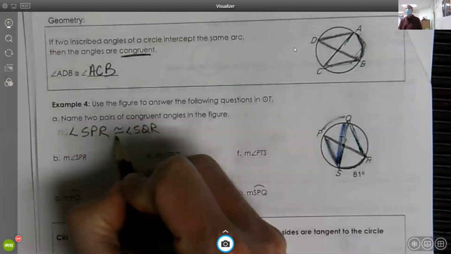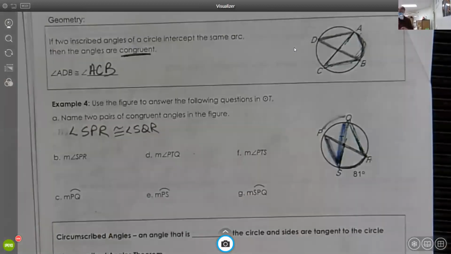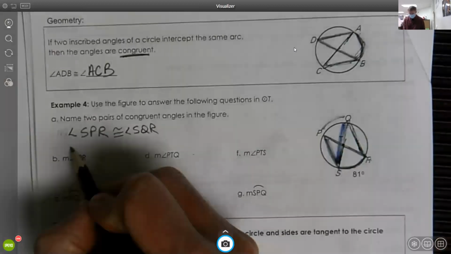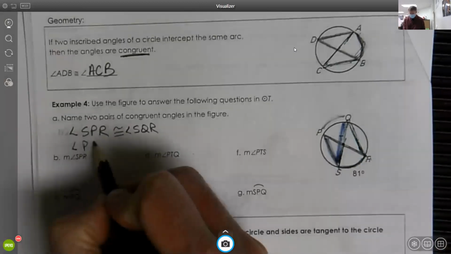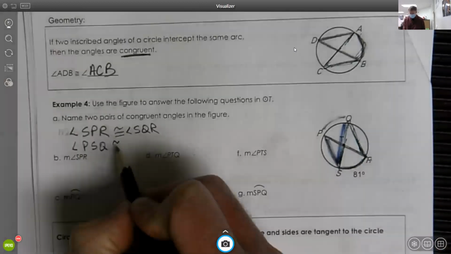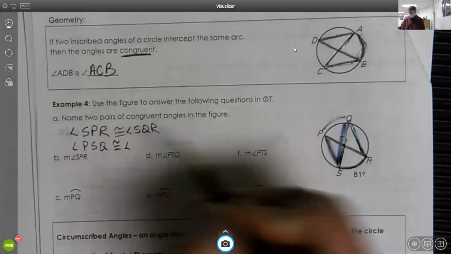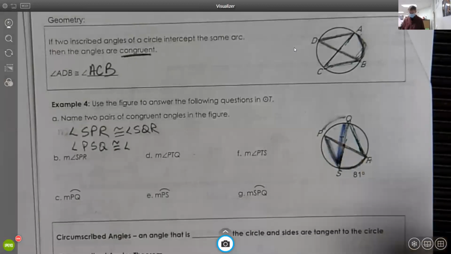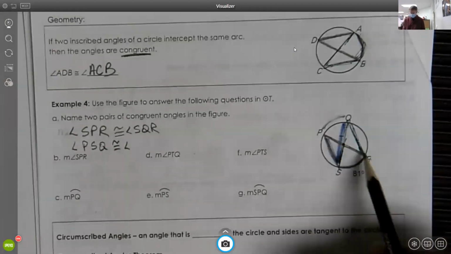Congruent would have two lines underneath that. That's your congruent symbol, not all that approximate stuff we've done in the past. So we have this angle, which is PSQ, is congruent to the other angle that opens up to touch it. And that would be PRQ.